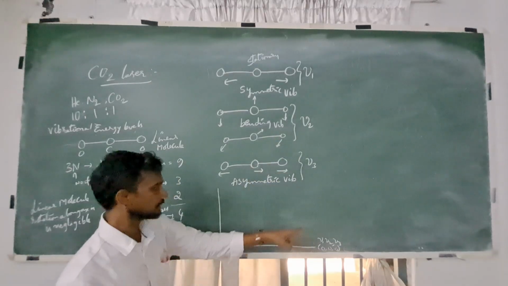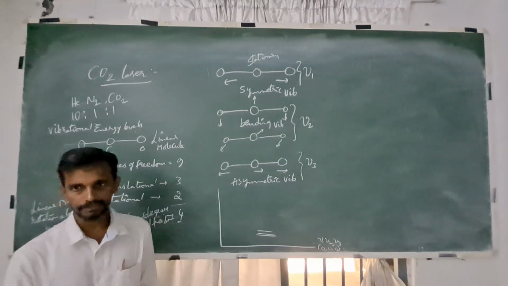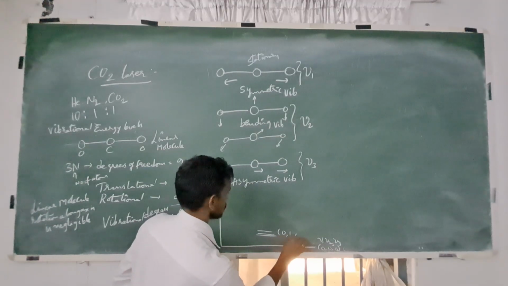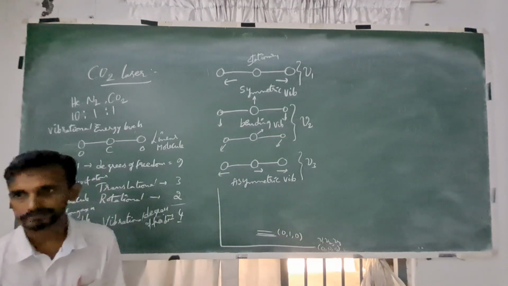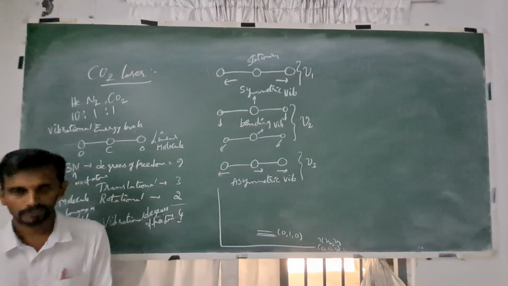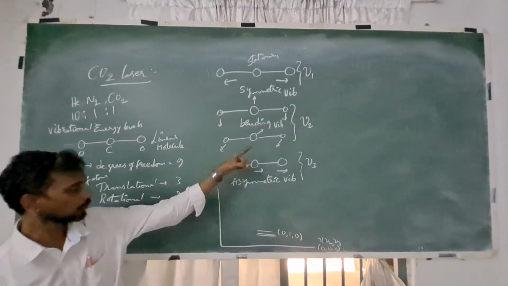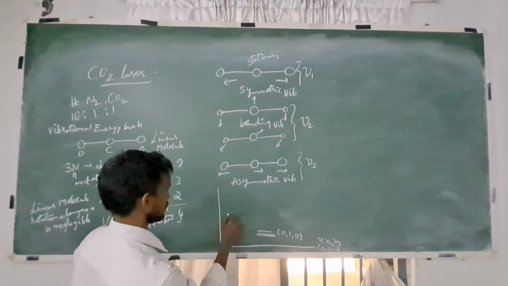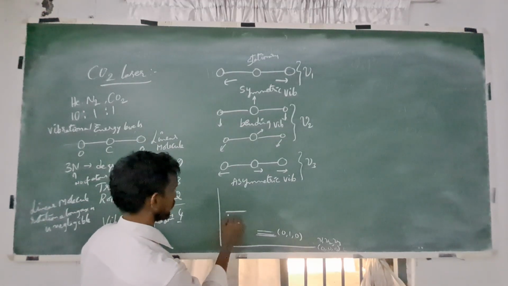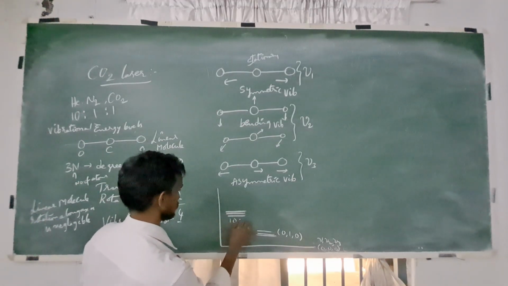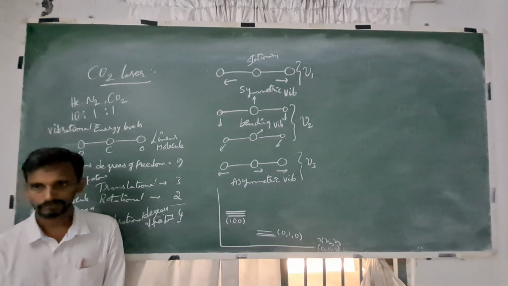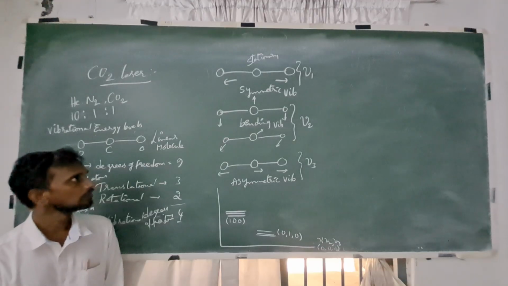Out of these 3, bending is a little easier. So 0, 1, 0 is the first excited state. So the nu2 mode excites first. The next one is 1, 0, 0, the symmetric mode.